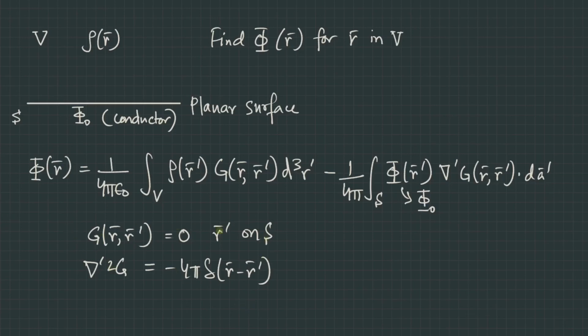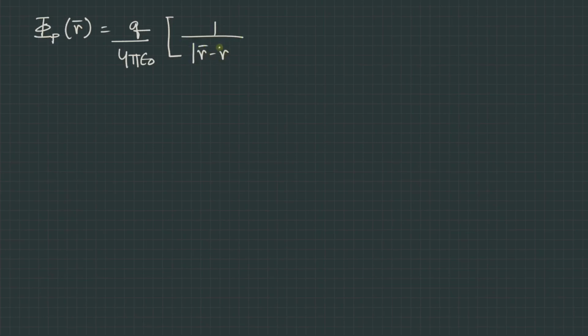So what should be our Green's function? Now we take inspiration from our previous problem, where we had found out that the potential, let's now call this potential phi p, indicating this is our previous problem, we found out as q by 4 pi epsilon naught times 1 by |r minus r1| minus 1 by |r minus ri|.